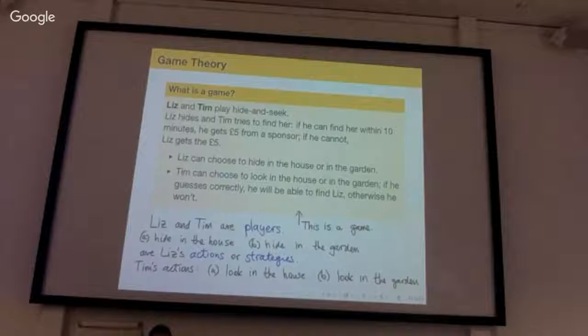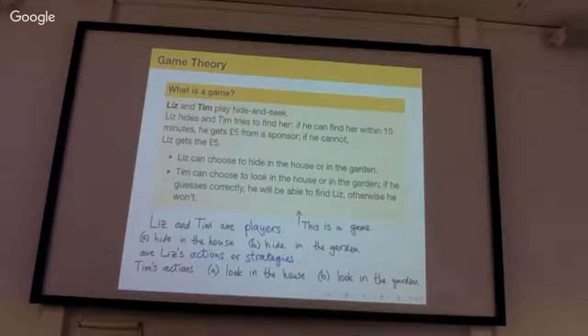House? Yes. Probably. So we know that Tim prefers house. It could be that Tim is a very altruistic player, and maybe it's Liz's birthday, and Tim wants to lose, and in that case, Tim would prefer looking in the garden when Liz is in the house.